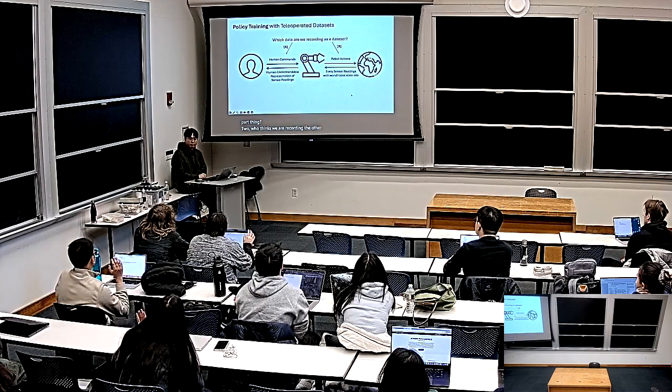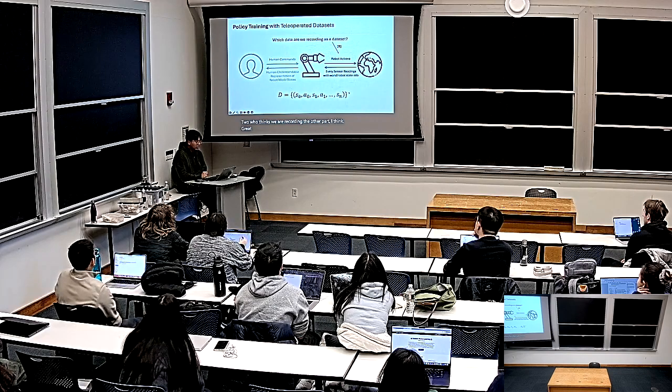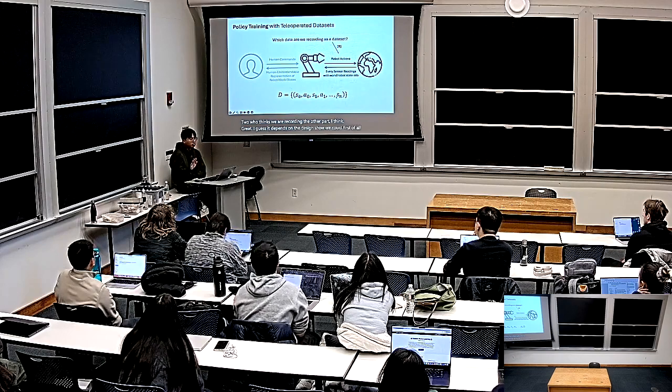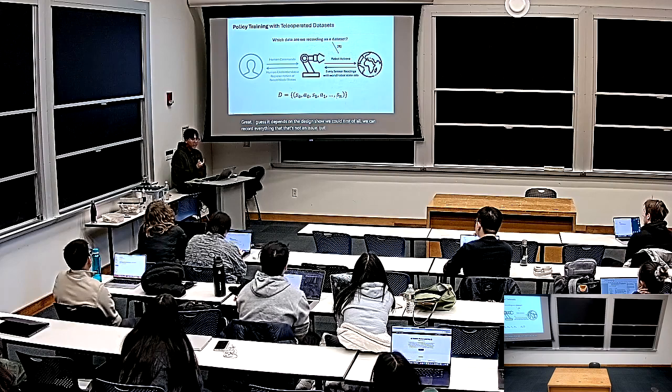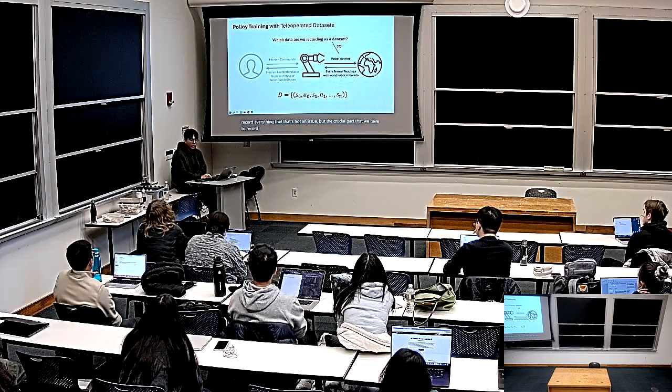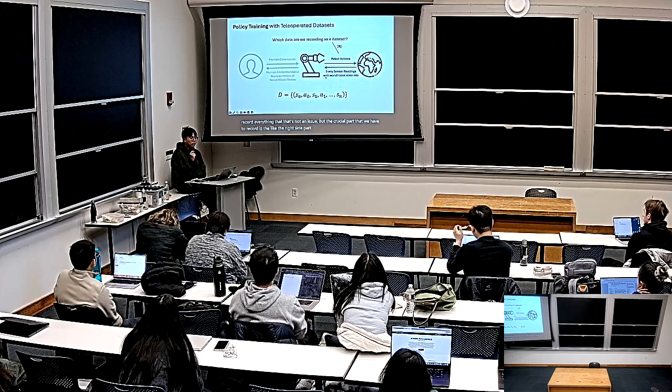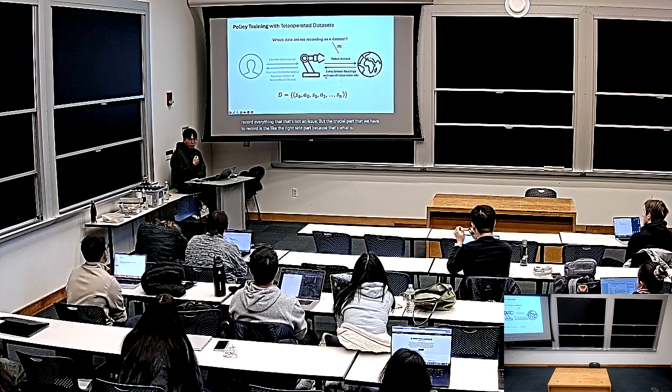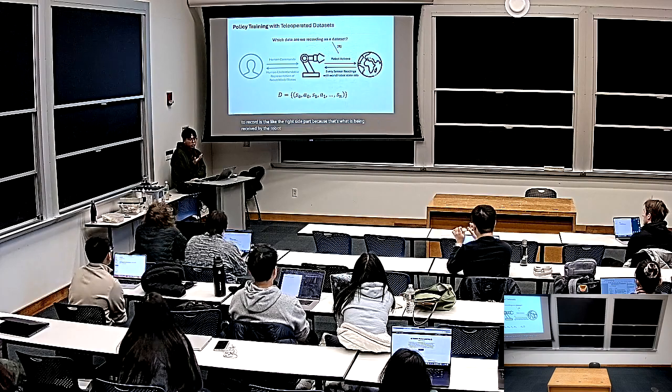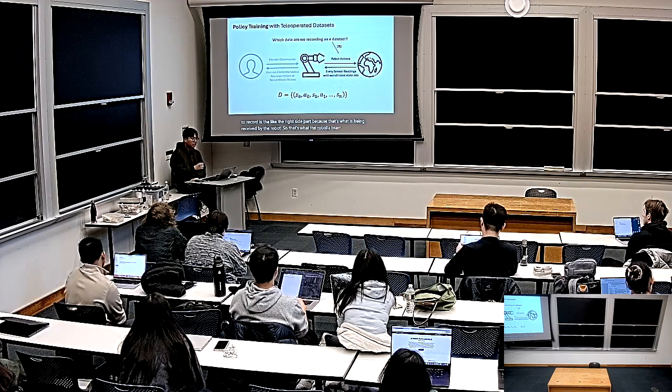Great. I guess it depends on the design. First of all, we can record everything. That's not an issue. But the crucial part that we have to record is the right side part, because that's what is being received by the robot. That's what the robot's brain is actually seeing.